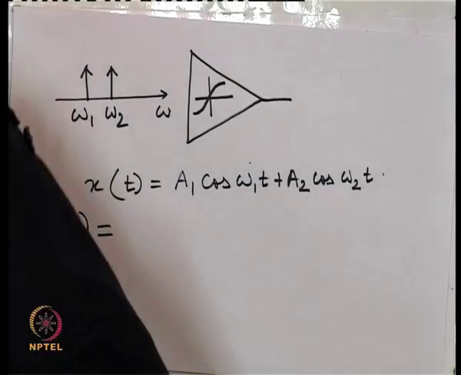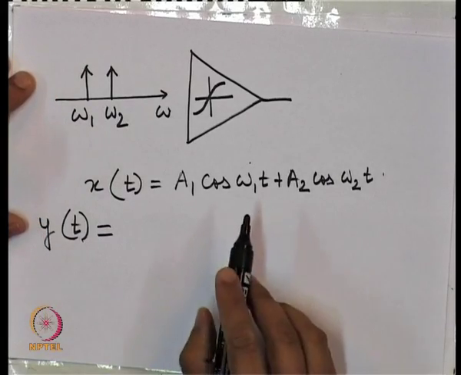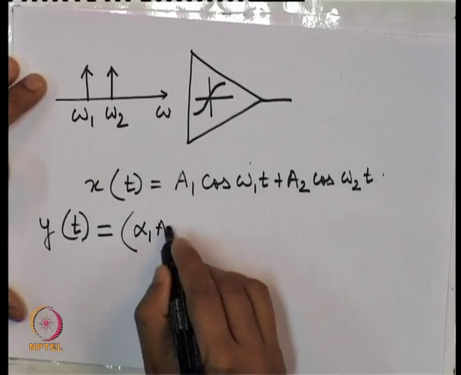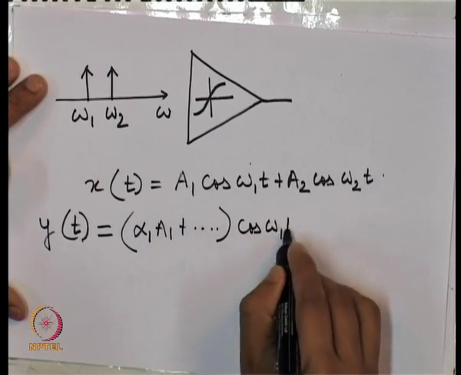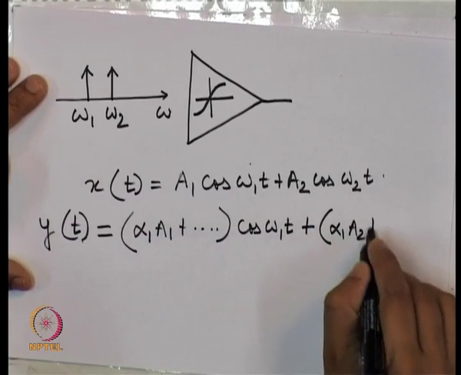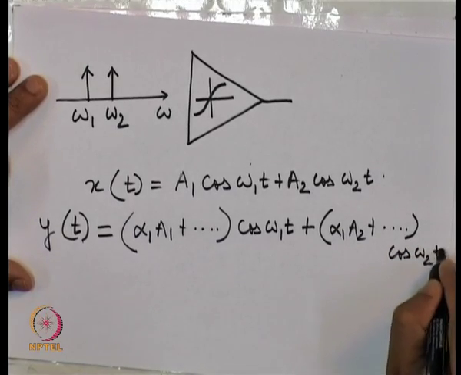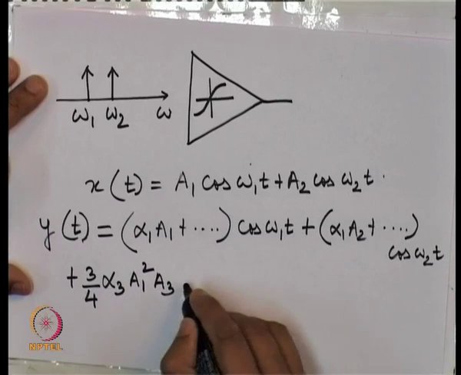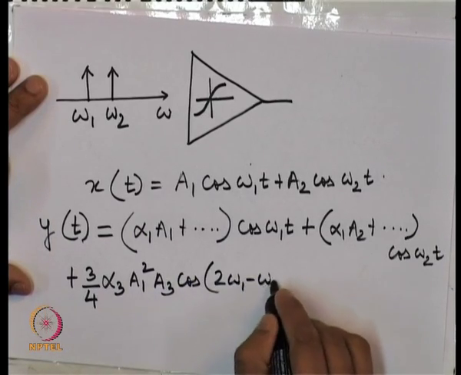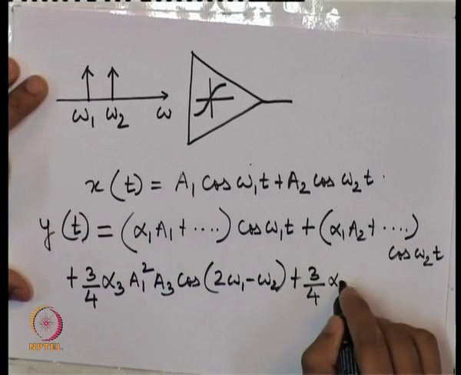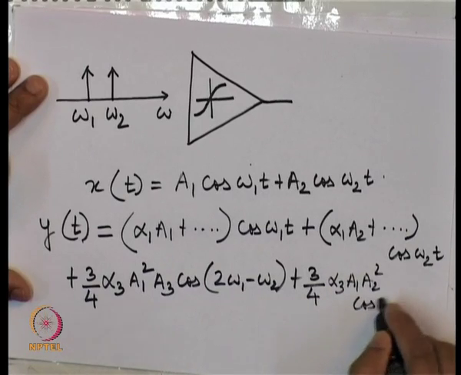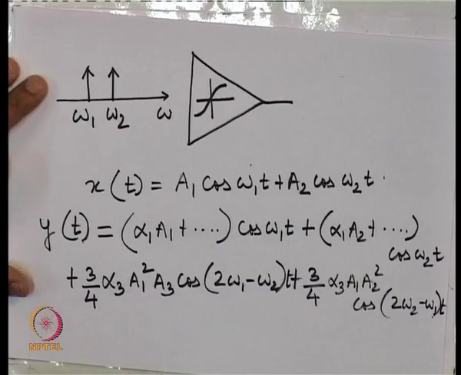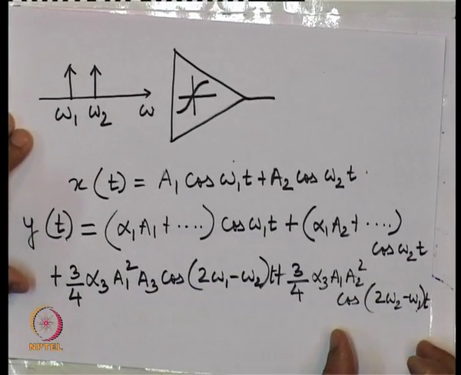So then, with two tones present, the output y(t) will be given like, okay, it will be something like this.